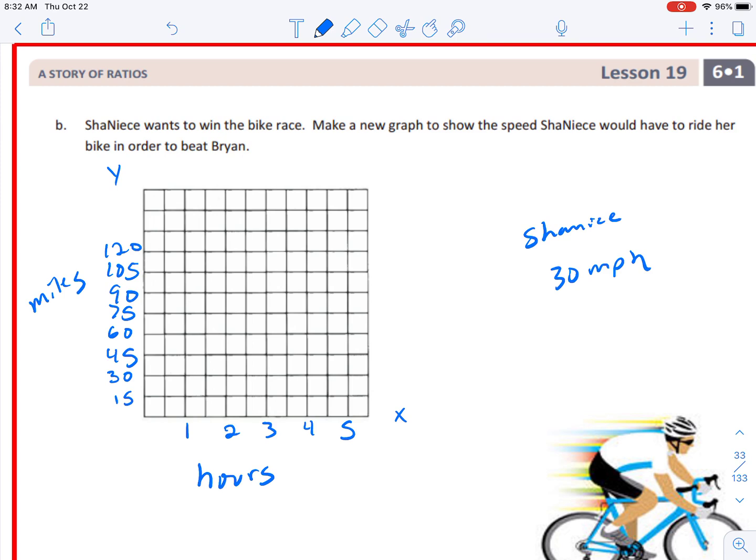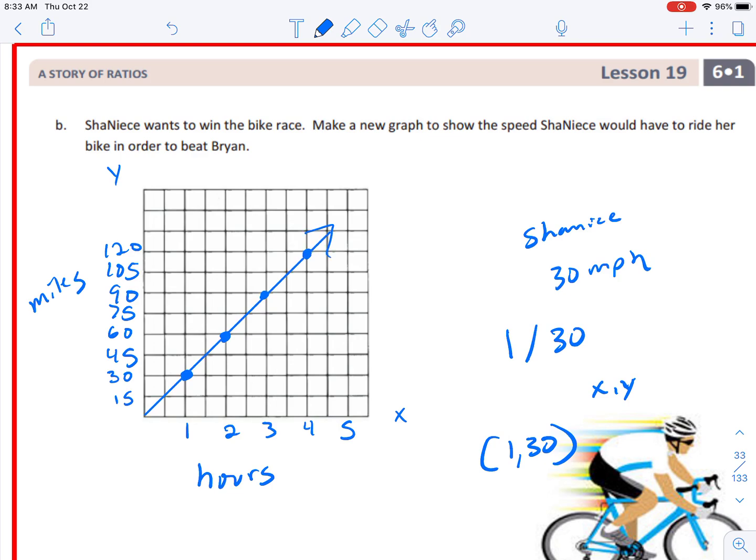Okay, so if we want Shanice to ride 30 miles per hour, that means in 1 hour we're going 30 miles per hour. Okay, so my X and Y, my first ordered pair is going to be 1, 30. So I'm going to go over to 1 up to 30, and I'm going to label my point there. Then 2 to 60. Okay. Then 3 to 90, 4 to 120. Okay. And we can finish our graph there.